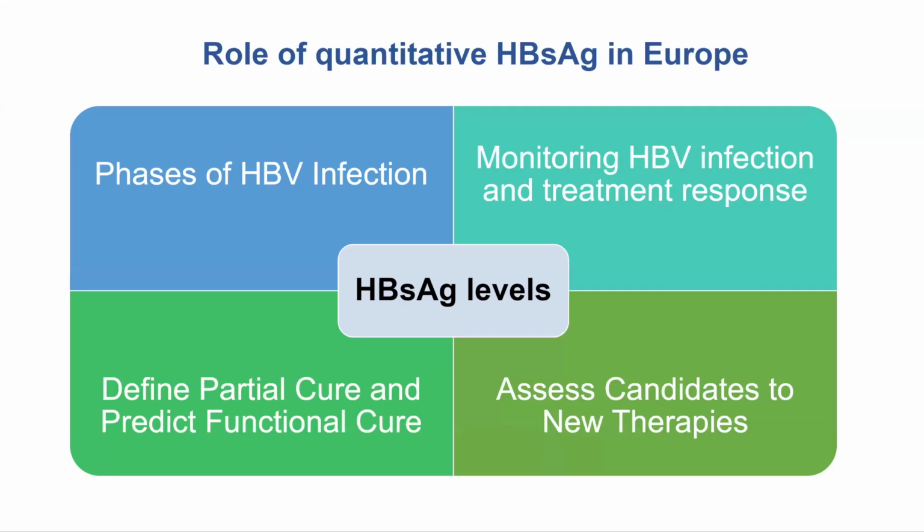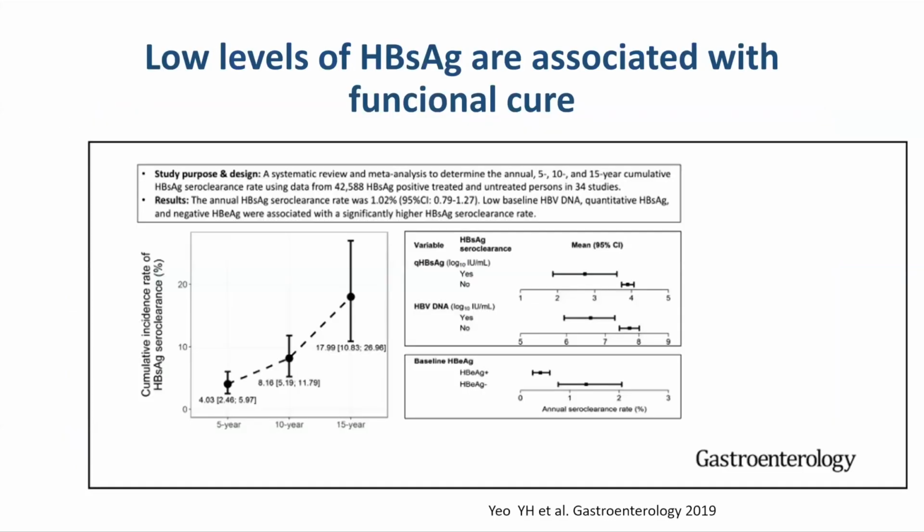The second point that I would like to discuss is the role to define or to predict functional cure. There are several studies, and this is a meta-analysis and systematic review of different studies, showing that in untreated patients, with nucleoside analogues and also untreated patients, the rate of HBsAg clearance is very, very low.